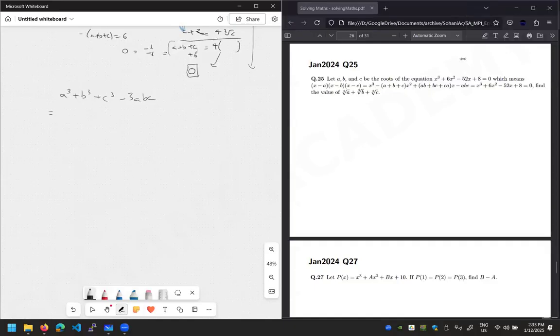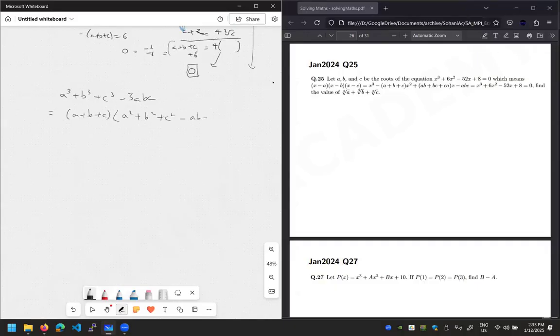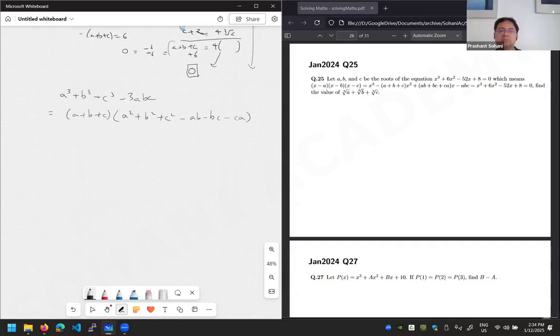That is surprising. Yes, you know it, right? So what are the factors? Yes, Prasanna. It is equal to a plus b plus c into a square plus b square plus c square minus ab minus bc minus ca. It is like this, right? Yes.